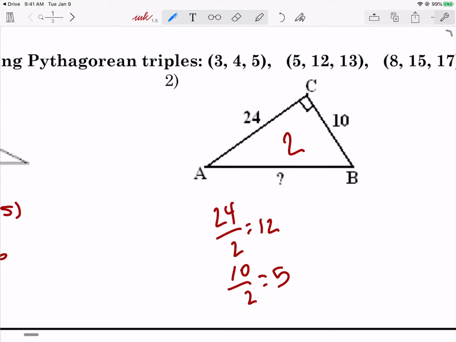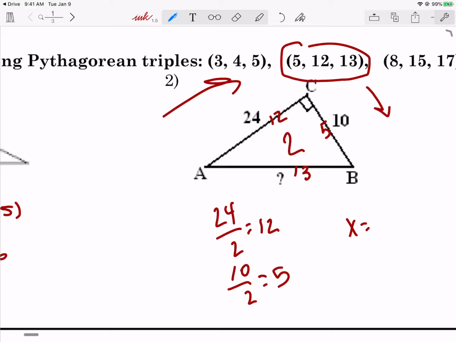So when we look up at all of our triples, we can see that we have 5, 12, 13. This one will be our 5 side. 24 is going to be our 12. So that means this hypotenuse is our 13. You're not done yet. To figure out what x is going to equal, we need to do 13 times 2, and our x is going to be 26.